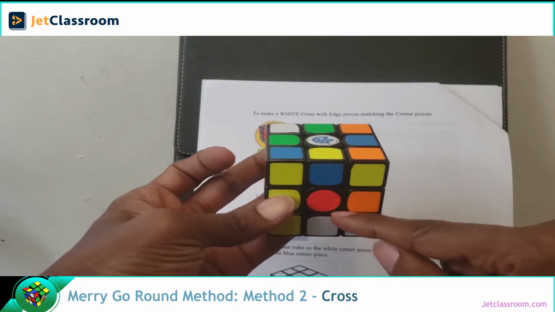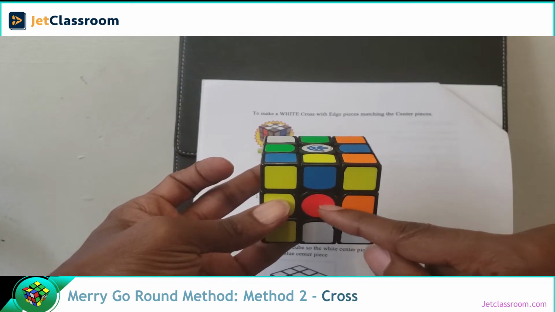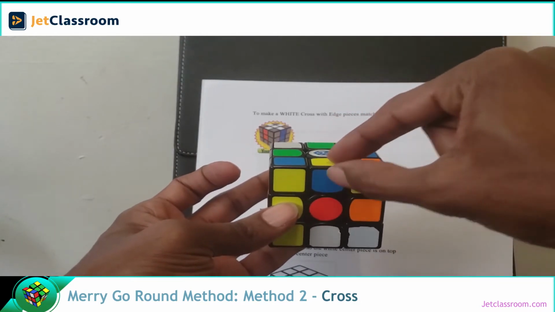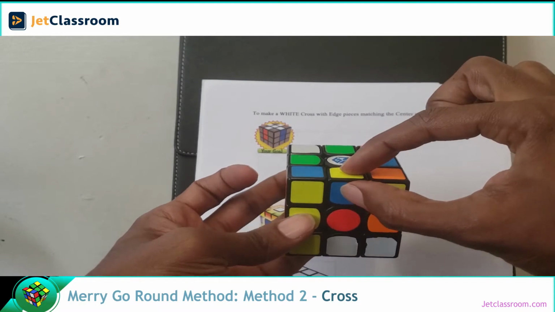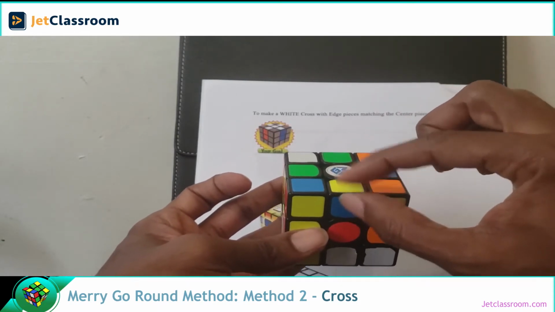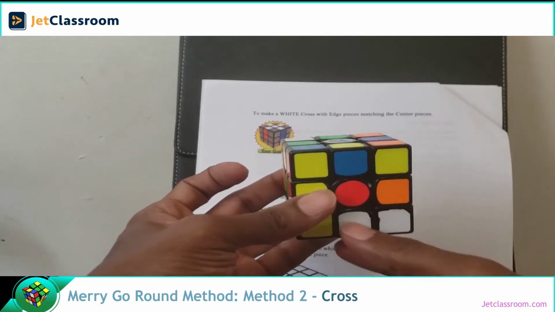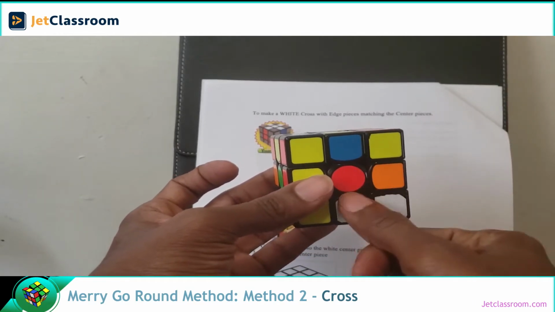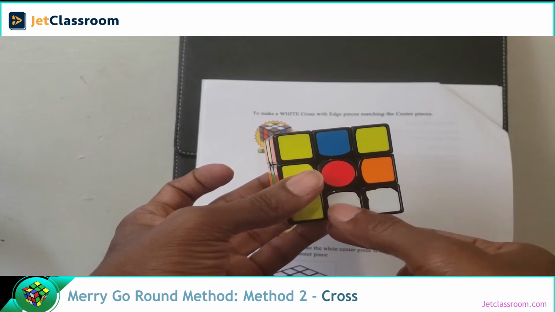For each side that I want to solve, I want to find the white and red edge piece. The edge pieces are the ones you can pinch. I want to find the white and red edge piece and rotate it right below the red window.